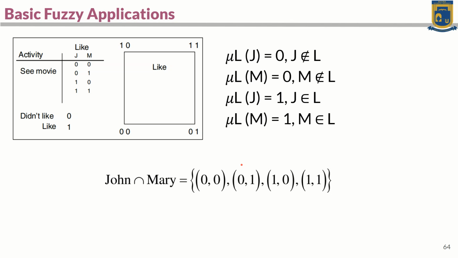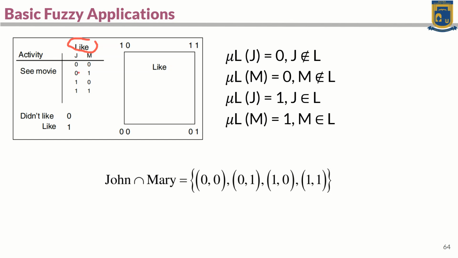We can do that using this diagram. So we have didn't like, which is 0, and like, which is 1. This is John, and this is Mary. If I'm looking at the subset of like, they went to see the movie. That means we can have a situation where they didn't like it, so 0, 0. John didn't like the movie, and Mary also didn't like the movie.